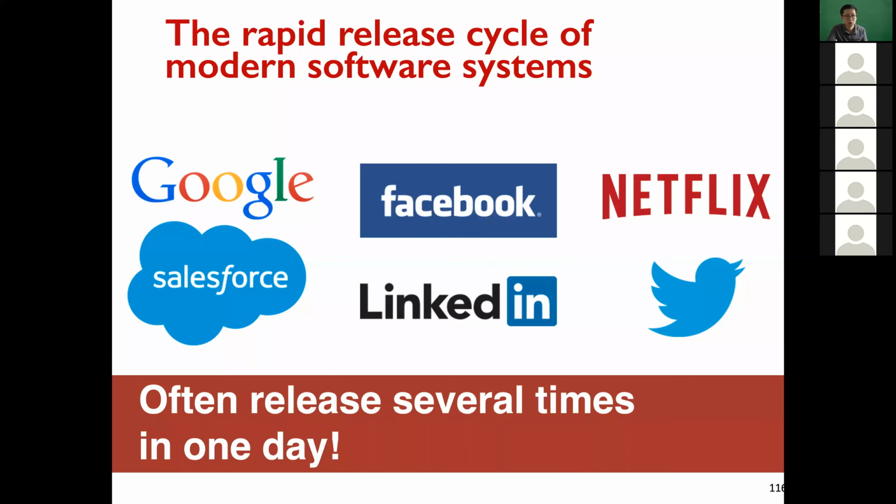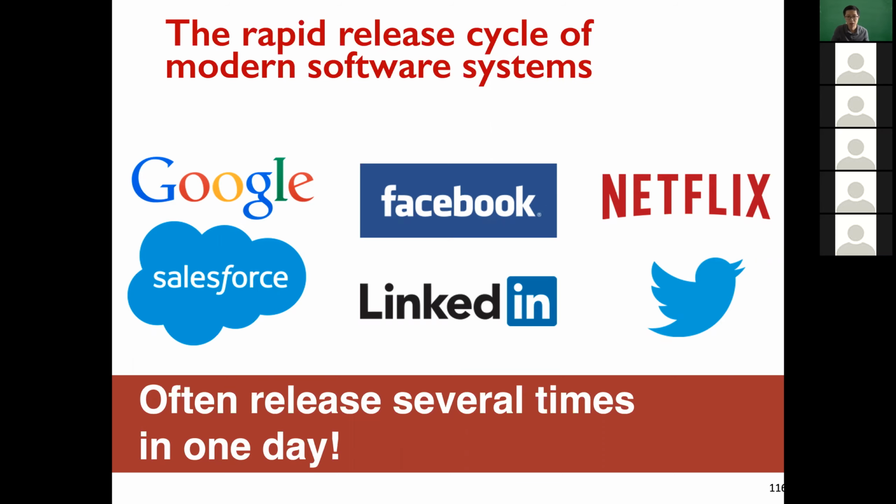But nowadays, software systems are released much faster. If you check Google, Facebook, Netflix, LinkedIn, Twitter, Salesforce, they are released multiple times every day. Even some tools like Netflix may be released multiple times every hour.